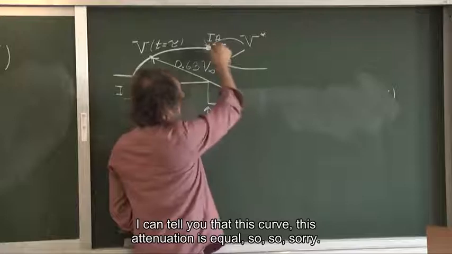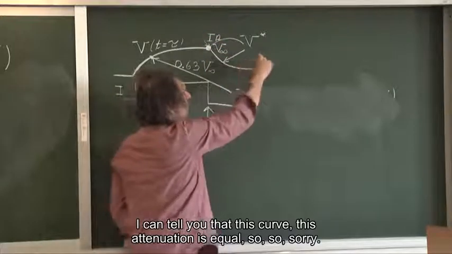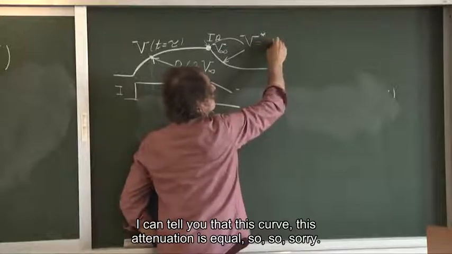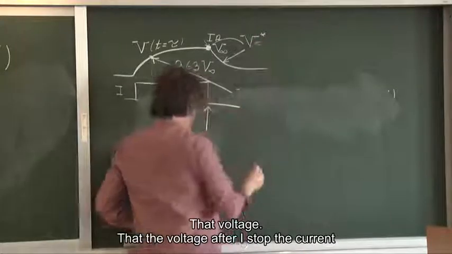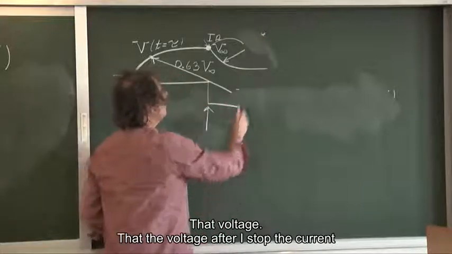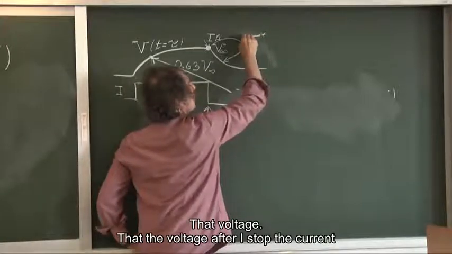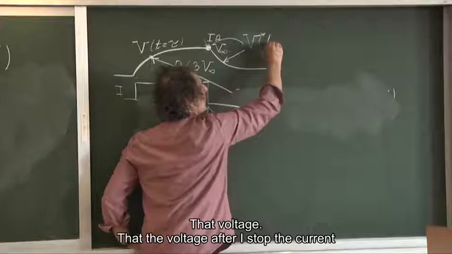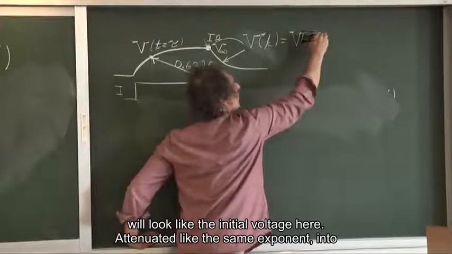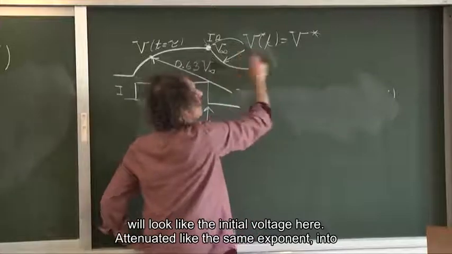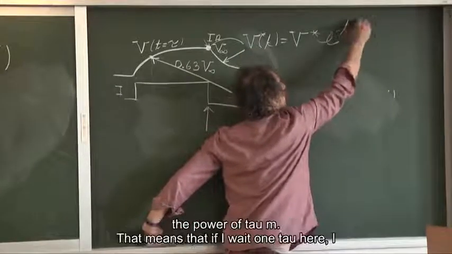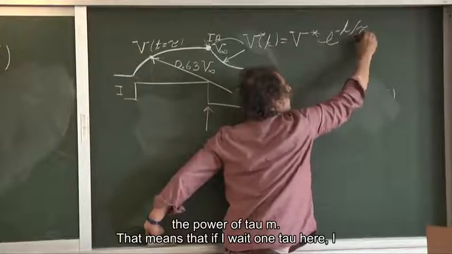I can tell you that the voltage after I stop the current will look like the initial voltage here, attenuated like the same exponent e to the power of minus t over tau m.